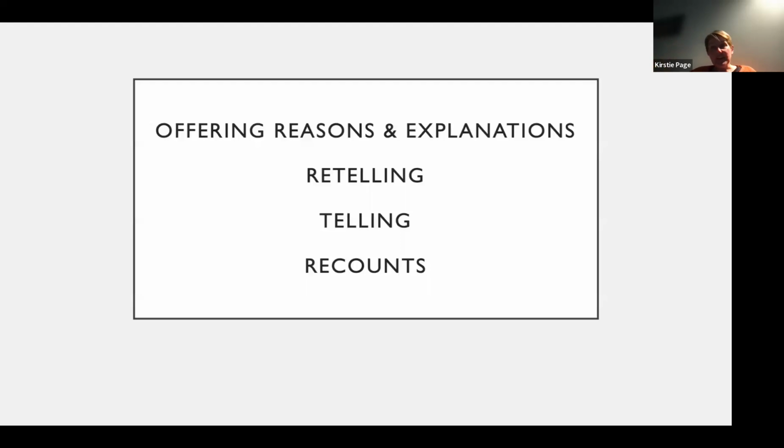And as we move into higher level expressive language, we're of course looking for children being able to talk in different ways. And here we begin to use terms that we're very familiar with when we're thinking about writing, and that's to use language to retell, where I retell a story that I've listened to and internalized, to tell my own stories, and that's different.